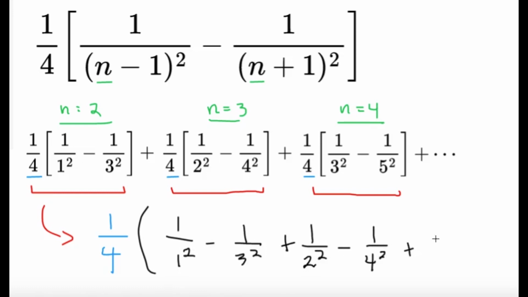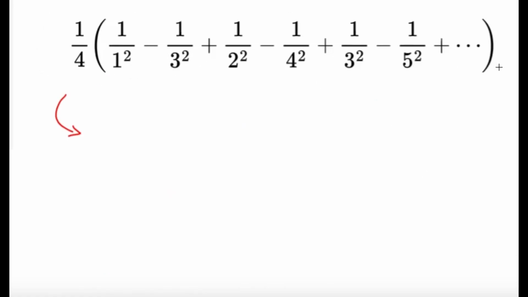You can see that some of these terms will actually cancel. Let's see this in detail. For example, this minus 1 over 3 squared cancels nicely with this plus 1 over 3 squared. And it's expected that this minus 1 over 4 squared, although not visible, cancels with a term here, since we're taking the sum until infinity: there is a 1 over 4 squared minus 1 over 6 squared term.